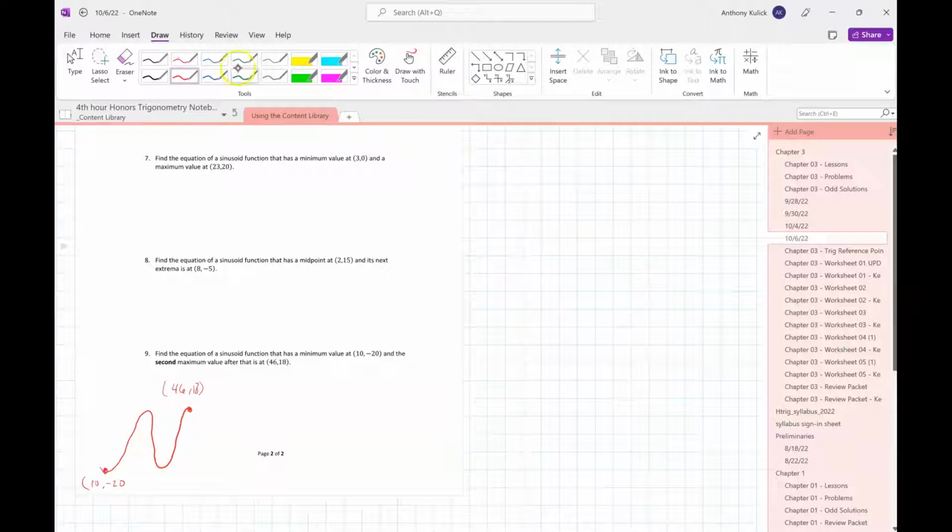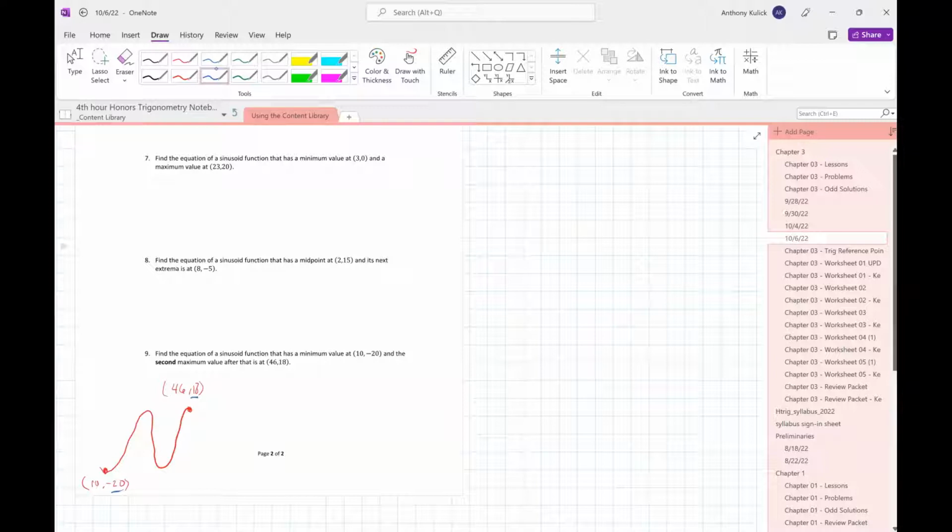So first things first, maybe we'll figure out our value for k. You could find that by finding the midpoint between -20 and +18, which is what, -1?